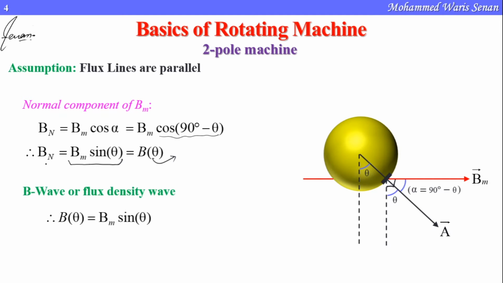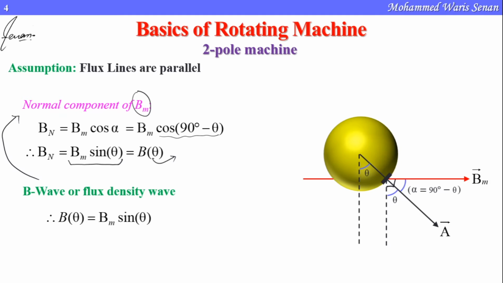What is B wave? It is the normal component of Bm. Normal component means the component of the magnetic flux density perpendicular to the area of the cross section of the coil.